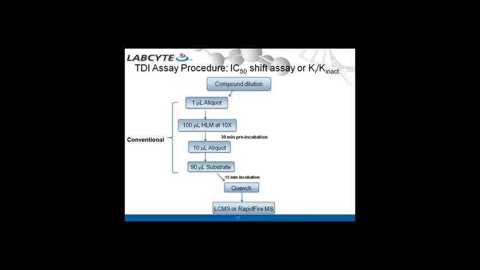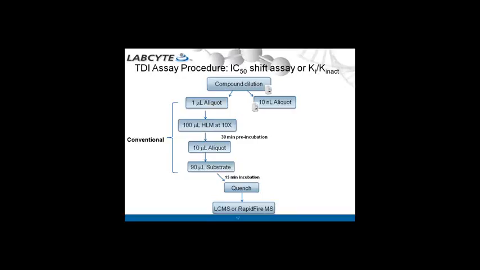So recently, we have developed a miniaturized and much simplified procedure to run time-dependent inhibition by using the Echo liquid handler. Here, again, we use Echo to do direct dilution to create the compound dilution and 10 nanoliter addition.